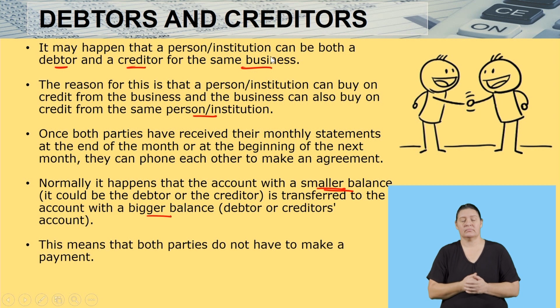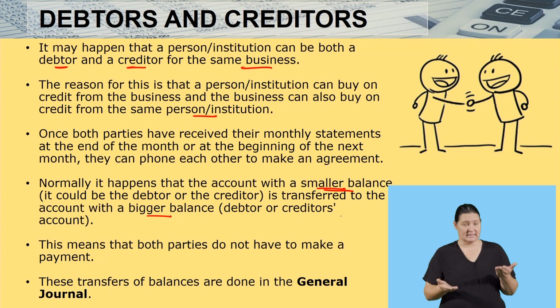This means that both parties do not have to make payment. We will make a transfer between our debtors and our creditors. These transfers of balances are done in the general journal. So in this session, I will show you how to make such transfers.